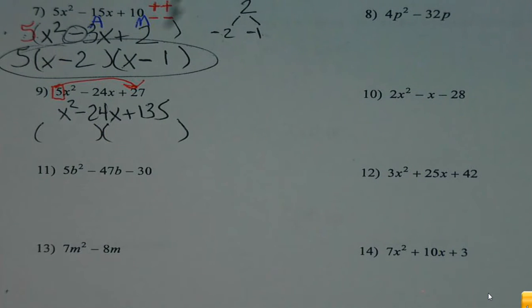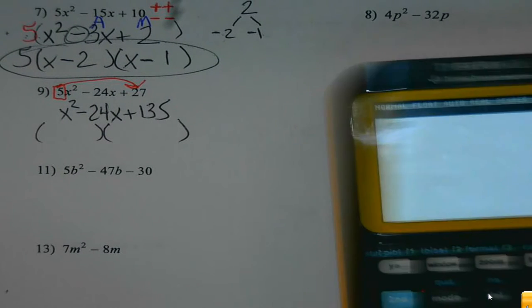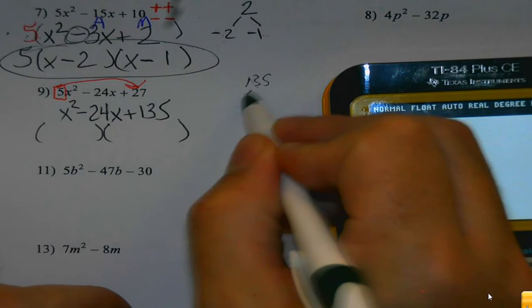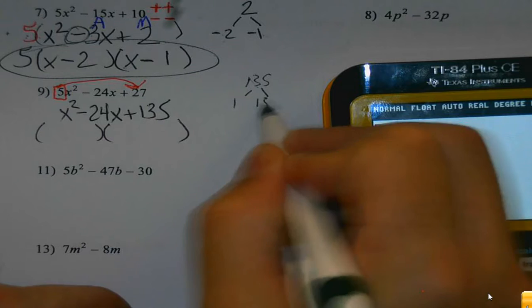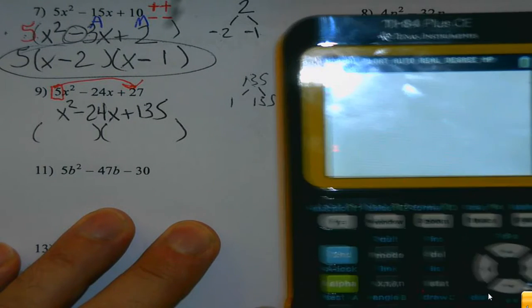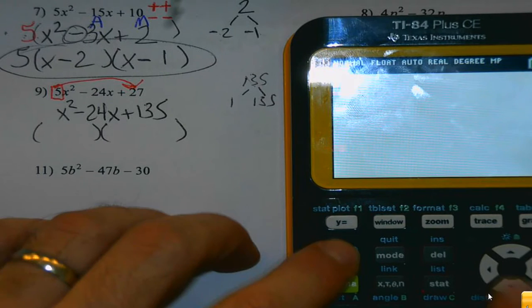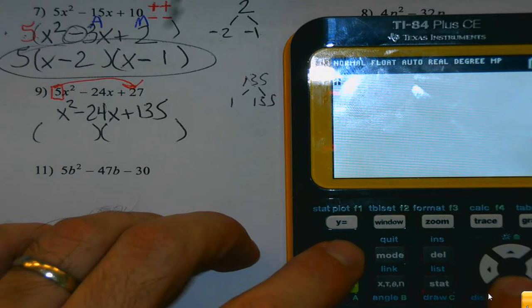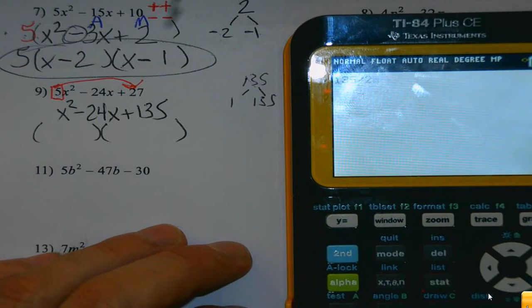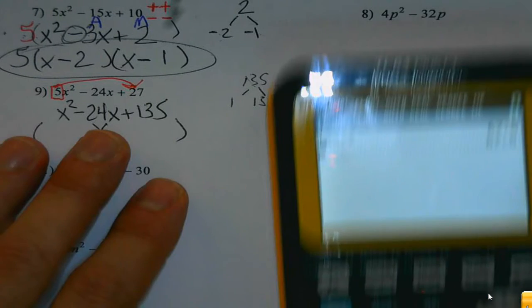So since I know a lot of you like going to calculators on things, here's what my plan's going to be. I'll make my 135 here. Okay, I know 1 and 135. And I'm going to start trying to divide some numbers in.